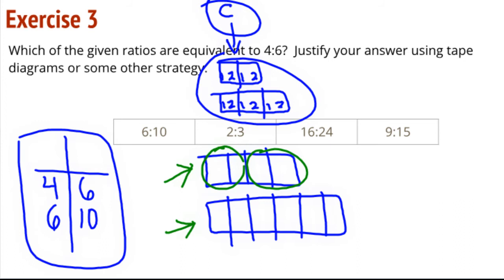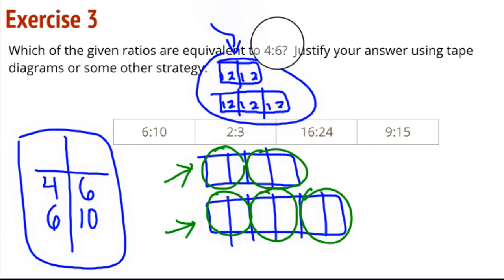So I'm making groupings of 2. If I make groupings of 2 here, now I have 3. So inside of my 4 to 6, I can make some groupings of 2 to 3. So there are 2 different ways I can look at that ratio of 2 to 3.